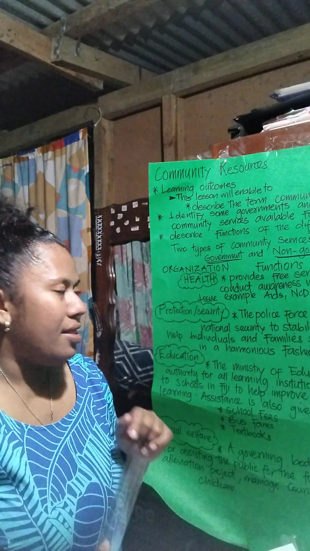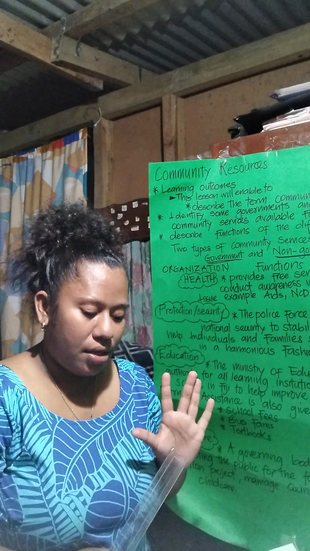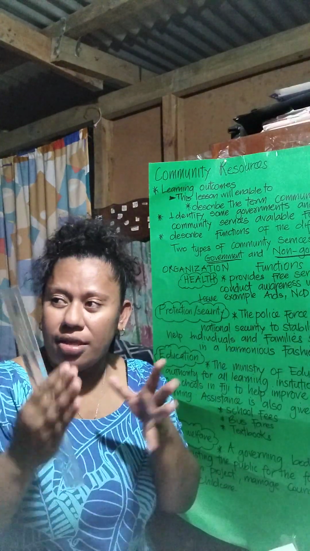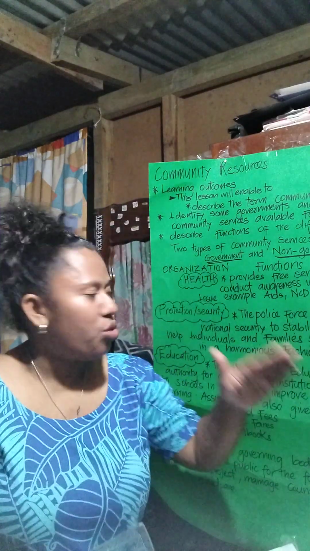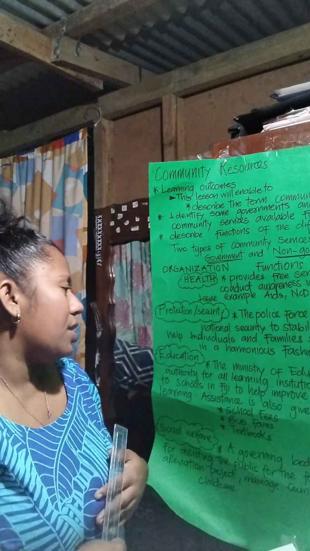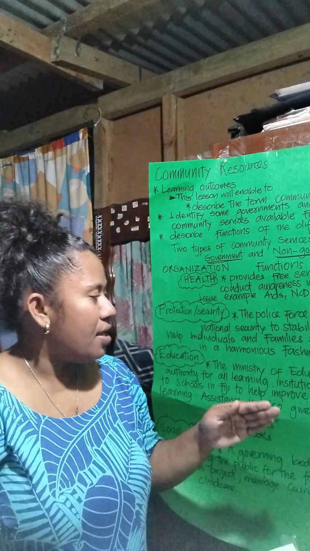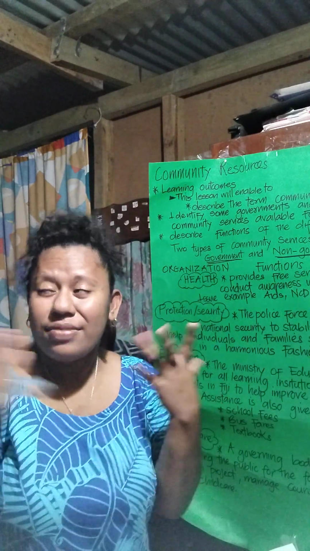Youth, they are taking illegal substance, for example drugs, having the injection, the methane. So therefore the police force and military are there in order to keep our country safe and stabilize our country. So they help individuals and families to go about life in a harmless fashion.